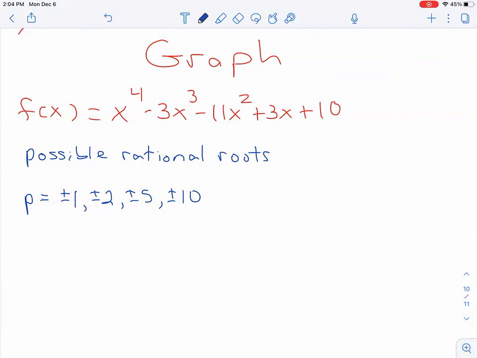Anybody have questions about where I got those? No, you sure? You guys are good so far? I usually have a question or two by now on this. All right, so I got all these factors by the last term. Then I'm going to do Q, which are all the factors of the first coefficient, which is nice because it's only one.